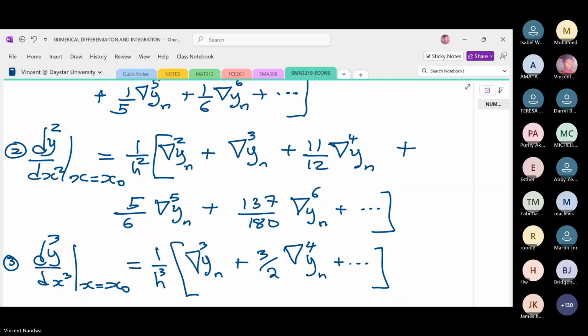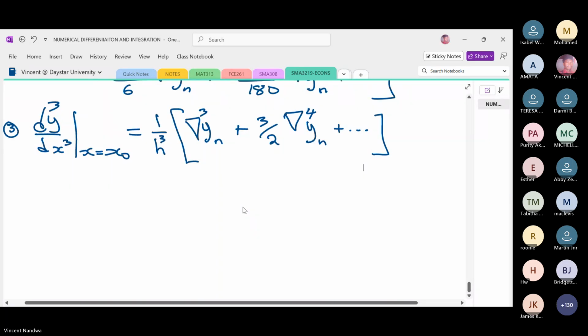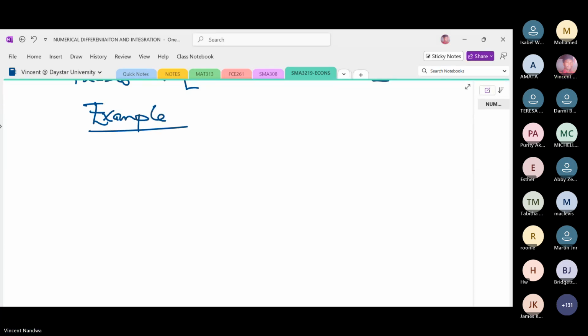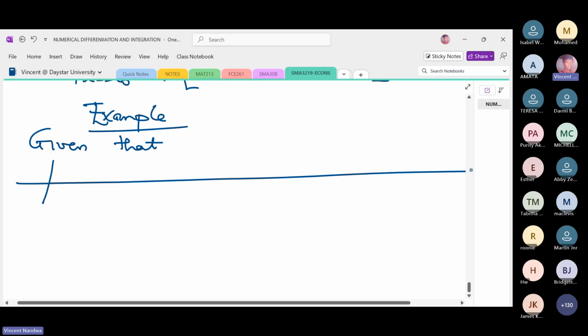So example, given that we have this table of x values and y values.